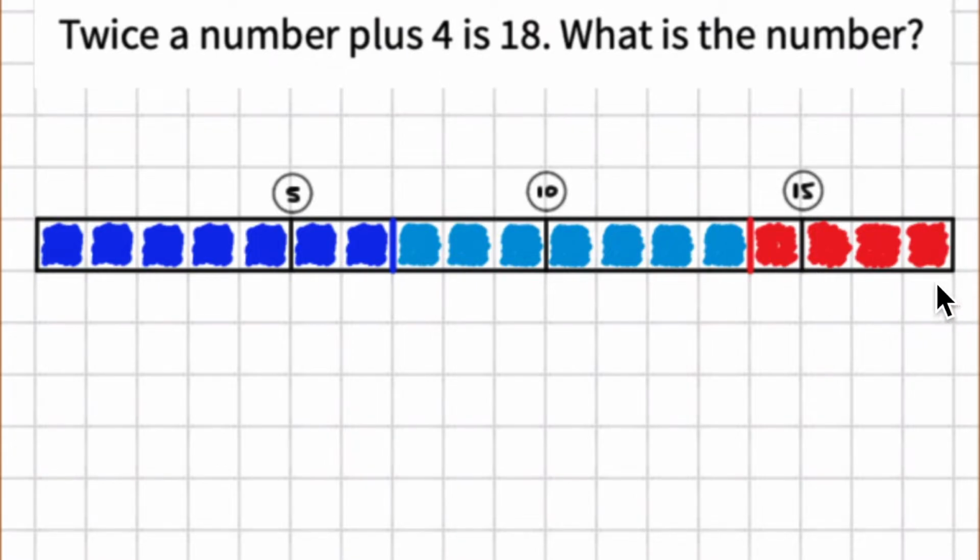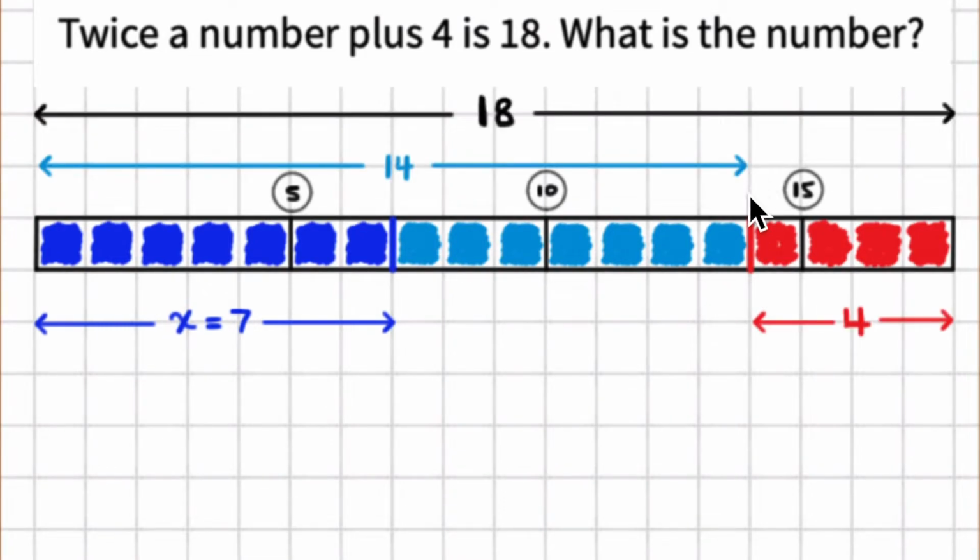So here's the 18, here's 4 less than 18, and then twice that number, to get to the number, is half. So here's 1/2 and 2/2, and so that number is equal to 7. So x equals 7. Twice that number is 14. So it gets you out to 14, plus 4 is 18. So once again, working backwards, 4 less than 18 is 14, and half of 14 is 7.